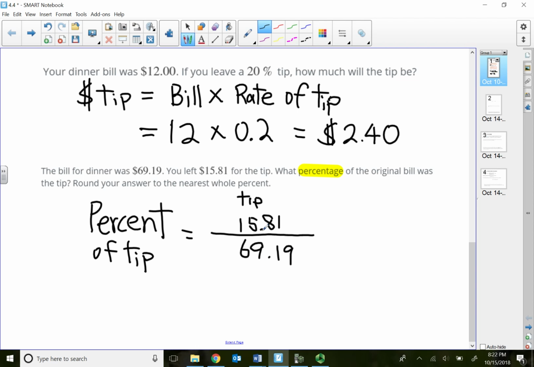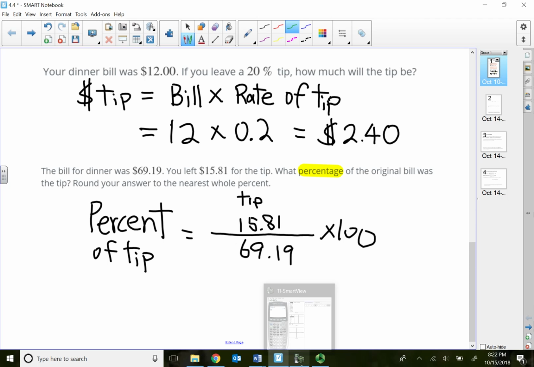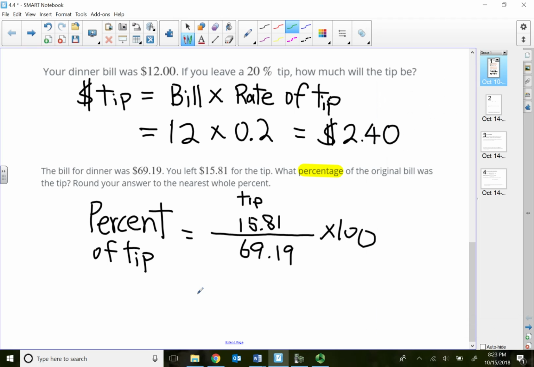Once I divide, in order to find percentage, I have to times 100. Let's see what it's going to be. 15.81 divided by 69.19 is about 0.23. Times 100, then we round to the nearest percent, which is about 23%. So we left about a 23% tip.